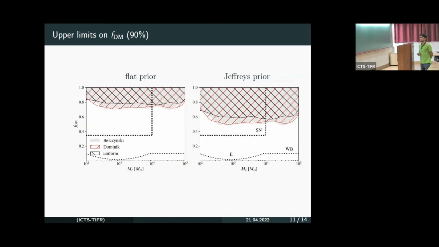And these dotted lines correspond to some existing constraints from electromagnetic observations. So this shows that our constraint is modest, but this can be improved in future.